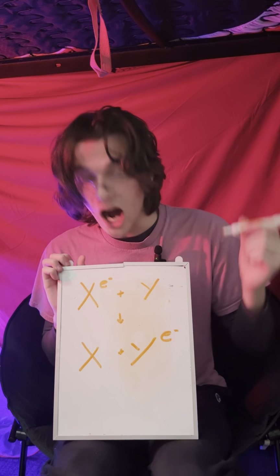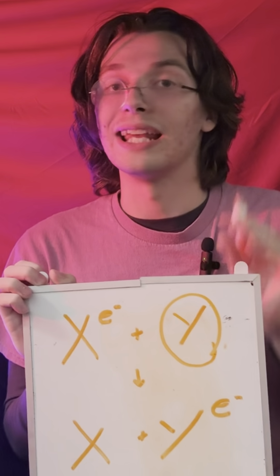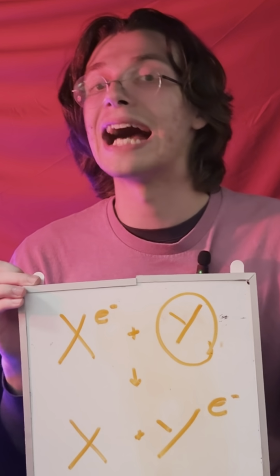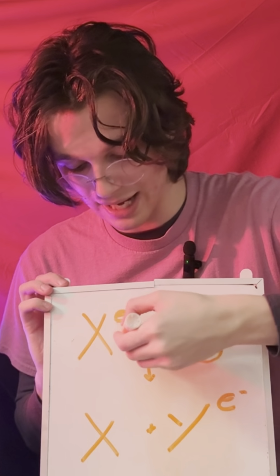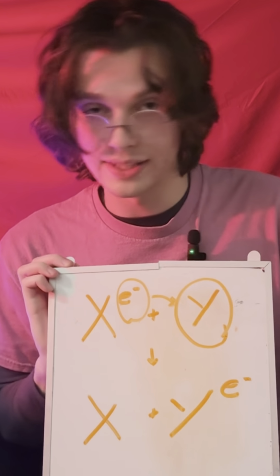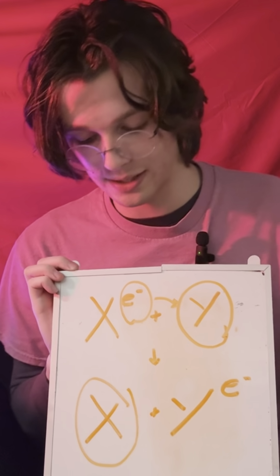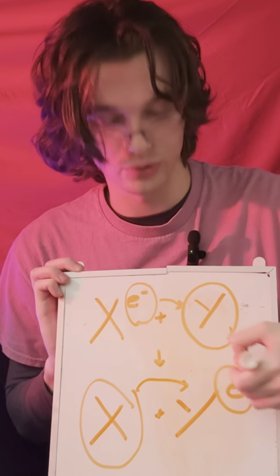Now, the oxidizing agent is actually Y. Even though it is being reduced and not being oxidized, it is oxidizing the X because it is taking the electron. And the other way around, X is the reducing agent because it is reducing the Y by giving it the electron.